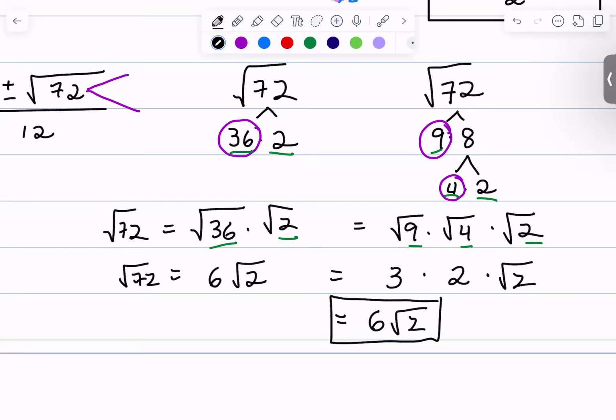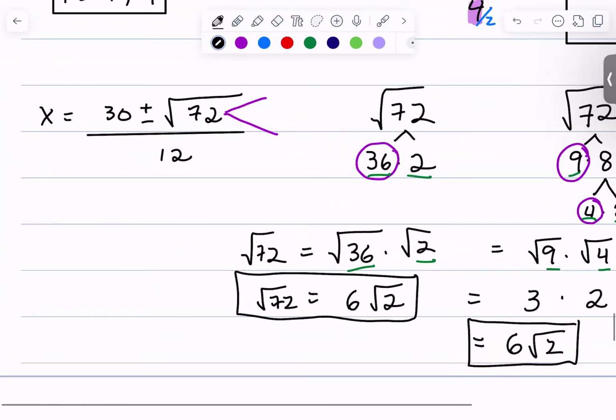The reason why I showed you guys both is because I want to let you know either route you take, you're going to come back to the same answer. Okay? Doesn't matter what route you take as long as you break it down correctly. All right, so square root of 72 is 6 square root of 2.